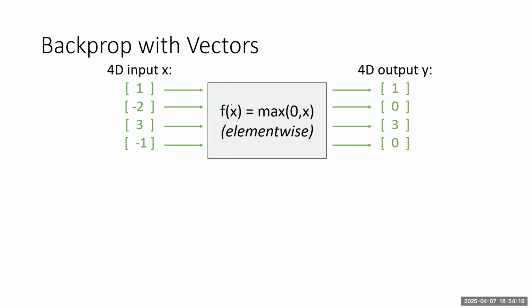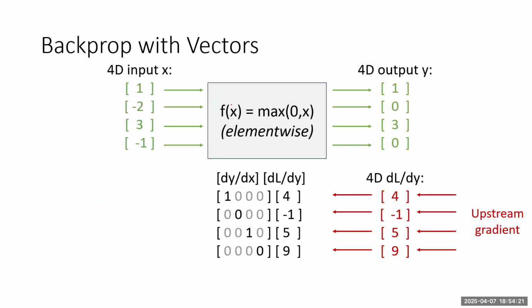So if I'm applying an input to the max function, the output will be like this. If I calculate the derivative, it will look like this, the Jacobian matrix.